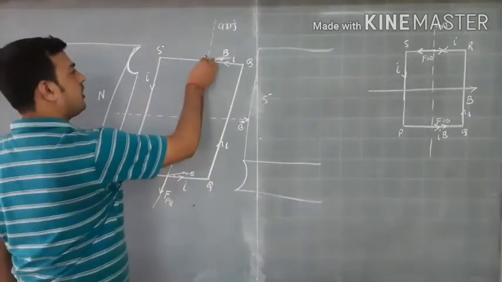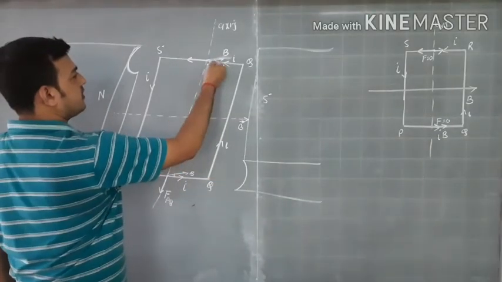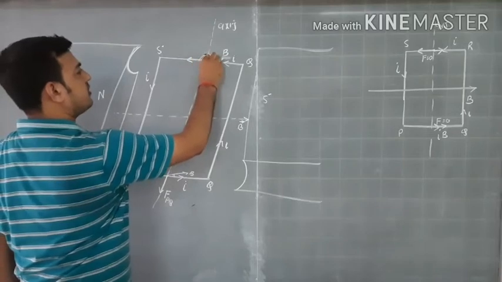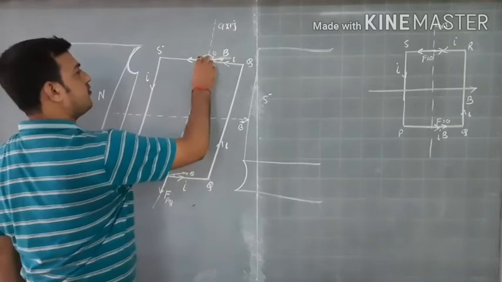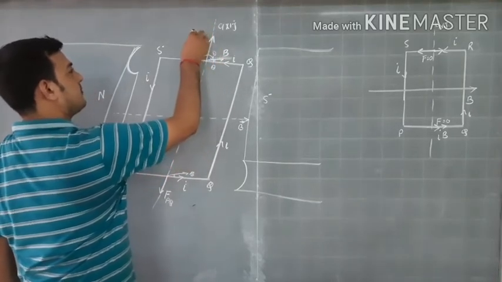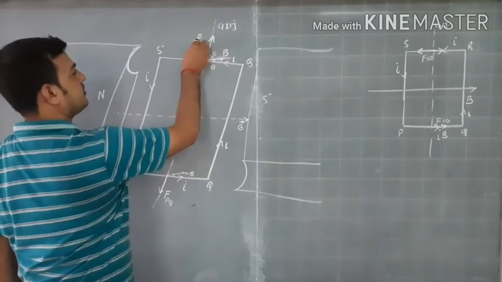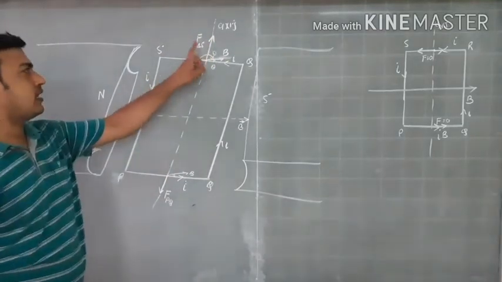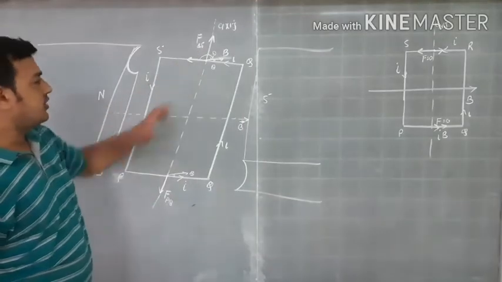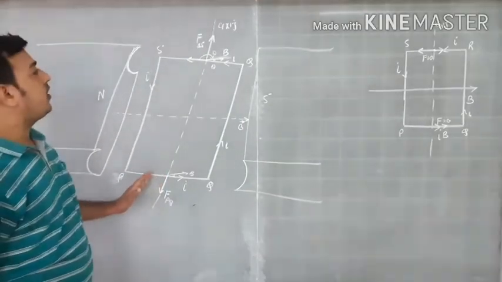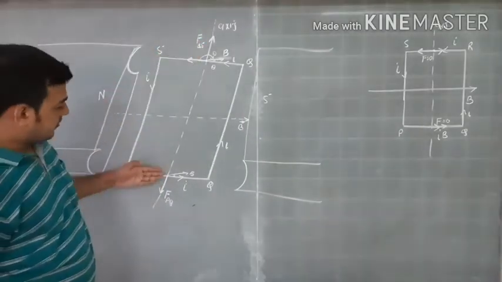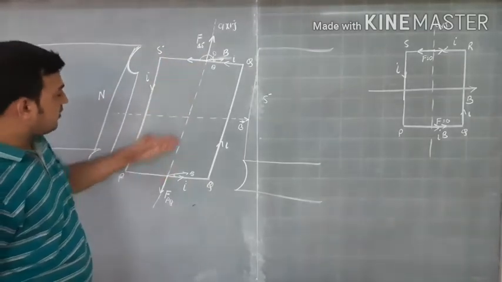Similarly, if you go here, the direction of current is towards left and the magnetic field is B, so this is the angle, and if you find the direction of force, it will be in this direction, that is the force on the QR arm. Now these two forces are equal and on the same line of action.